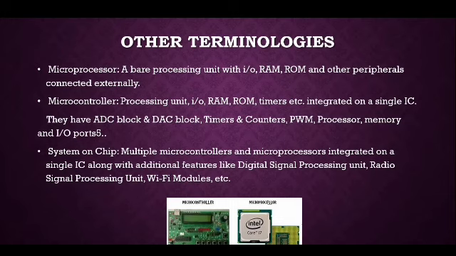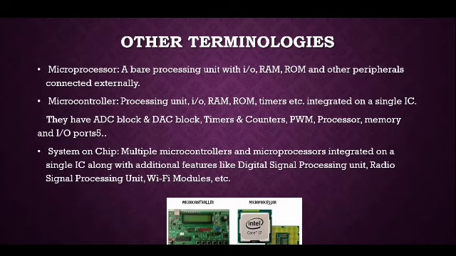A microprocessor is a bare processing unit with input-output, RAM, ROM, and other peripherals connected externally, and a microcontroller has the processing unit of the computer, input-output ports, RAM, ROM, timers, etc., integrated on a single IC.